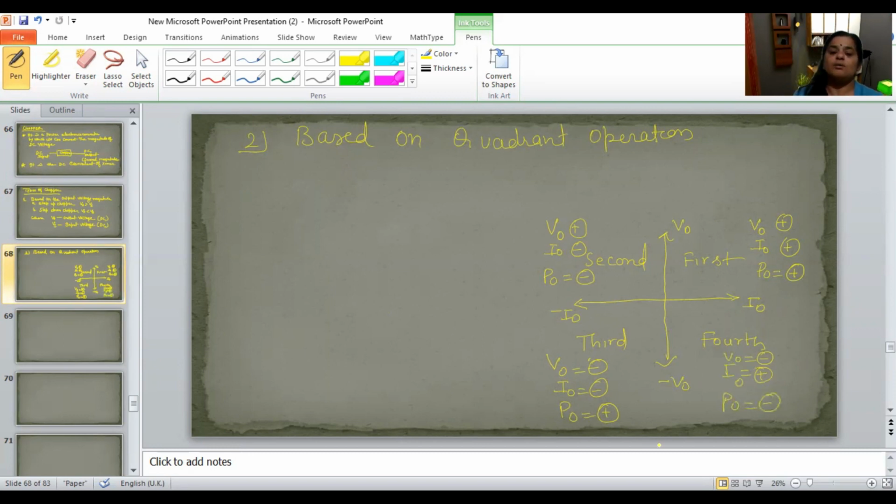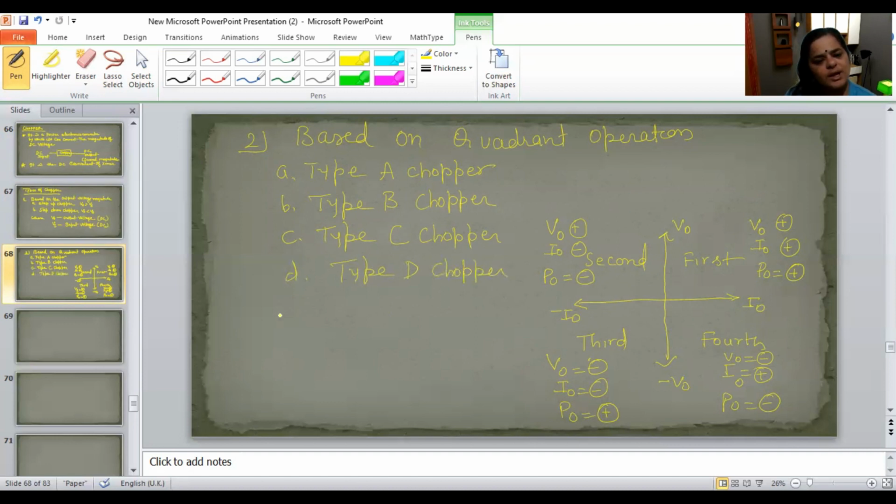Okay. So depending on the requirement of a load, whether we want first quadrant operation, second quadrant operation, or third or fourth quadrant operation, there are various types of choppers. Number one is the type A chopper, then type B, type C, type D, and the last one is the type E chopper.